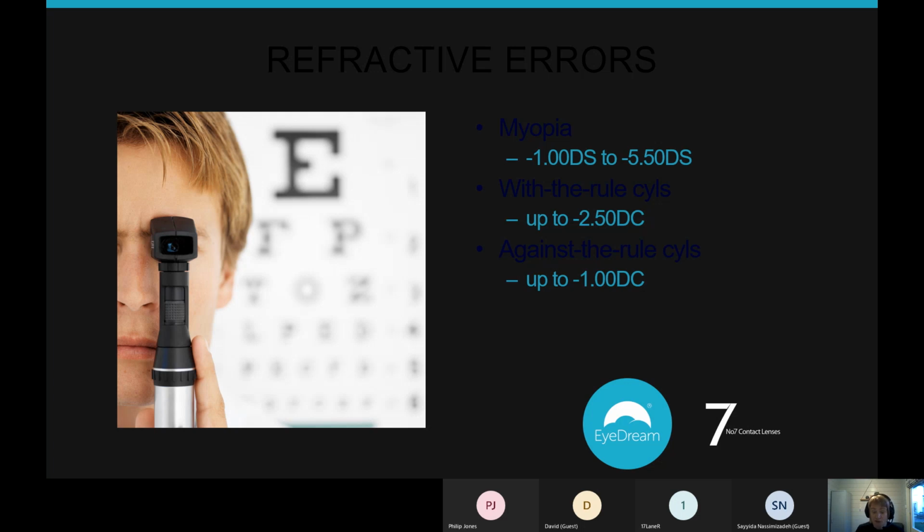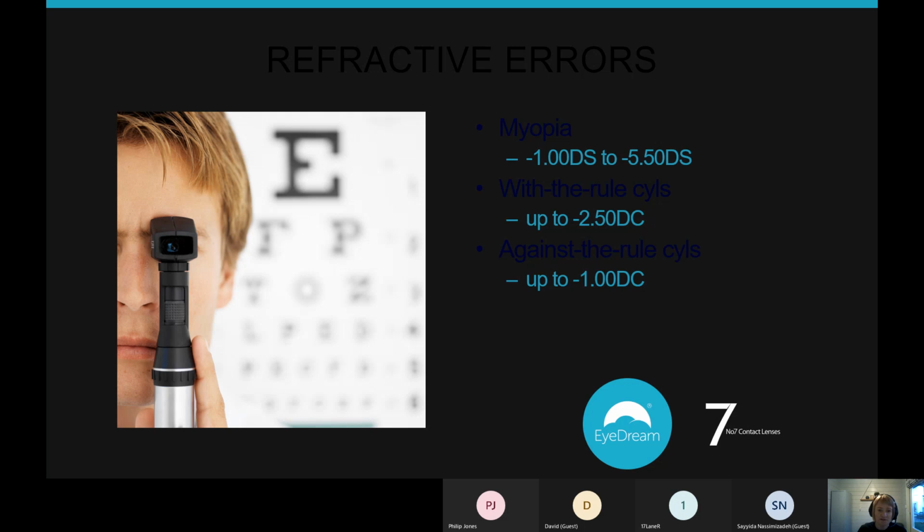You will see case reports of patients who've been fitted with prescriptions that are higher than this. But the overall consensus is that the data supports up to -5.50, and that beyond that, your success rates drop off really quite dramatically. And there isn't great data to suggest that those higher corrections are safe either, not because we're necessarily saying that they're unsafe, but just because we don't have the weight of data behind it to say that it is.